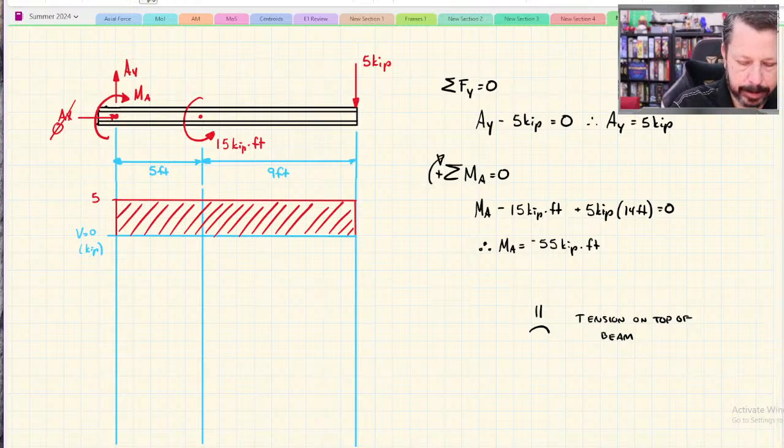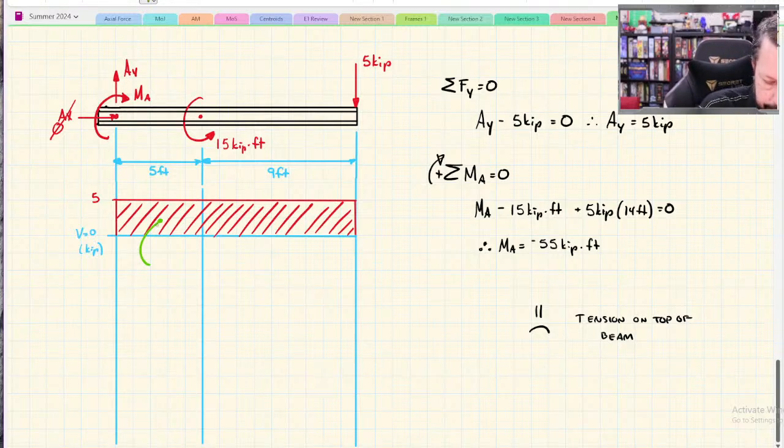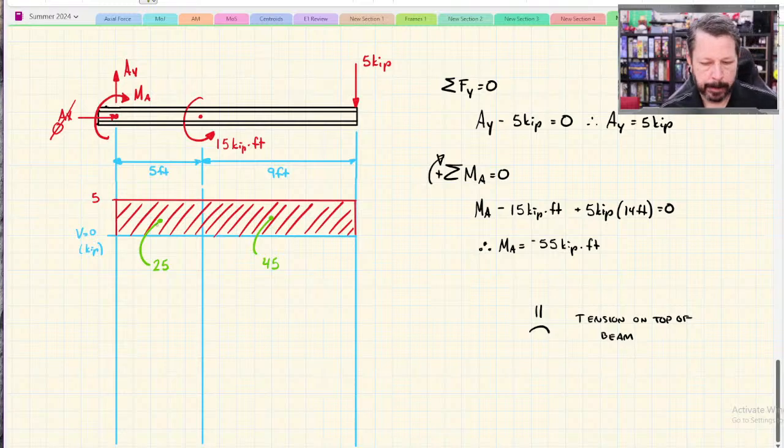Let's calculate our areas here. So that one's 5 times 5, that's 25 kip feet. And that one's 9 times 5, 45 kip feet.